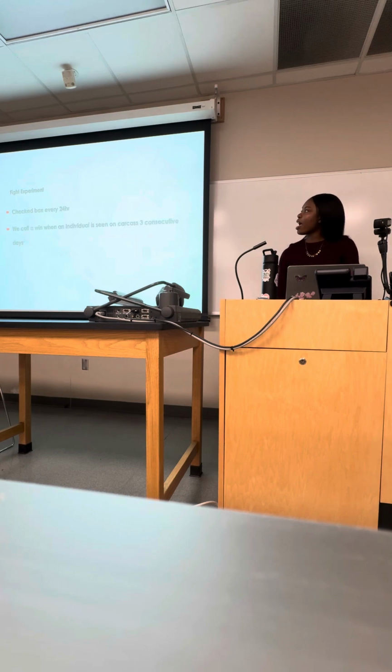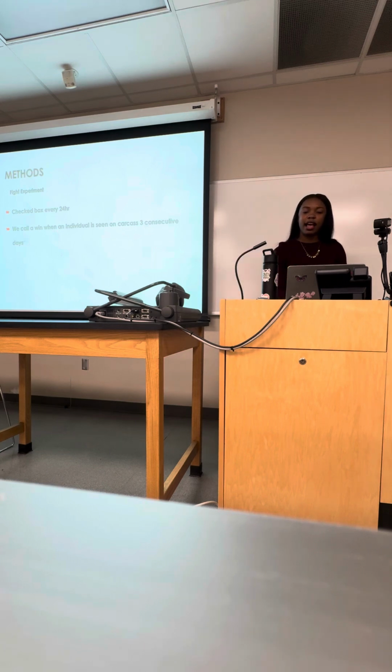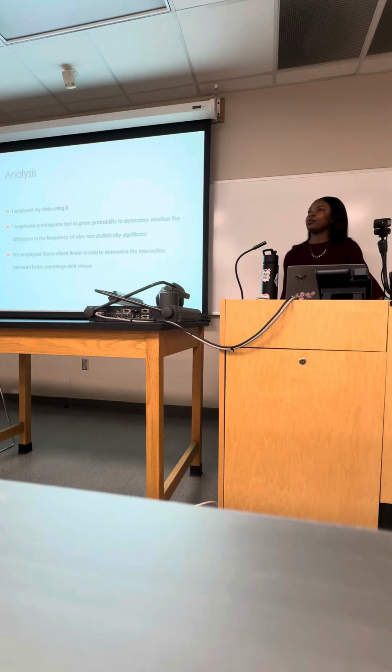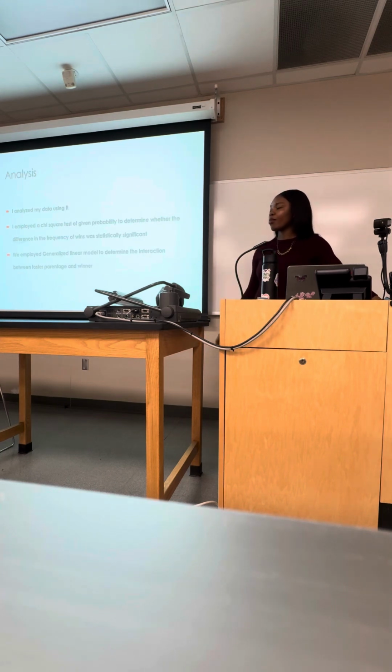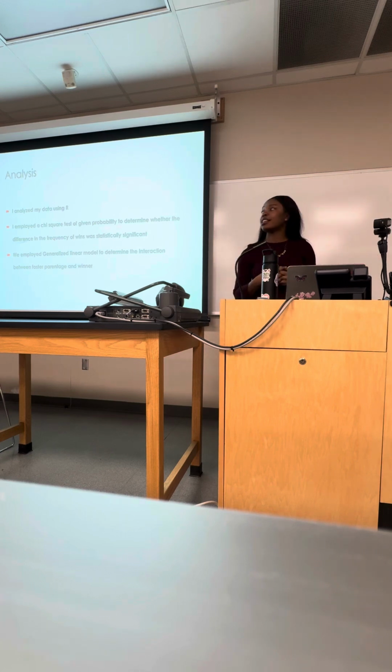Every 24 hours, I went back to check the box, and anytime I saw a particular beetle on the mouse carcass, I called it a win. I called it a total win when I saw an individual on the mouse carcass for 3 consecutive days. At the end, I collected all my data and analyzed it using R. I employed a chi-square test of given probabilities to determine if the frequency of wins between the two was statistically significant.